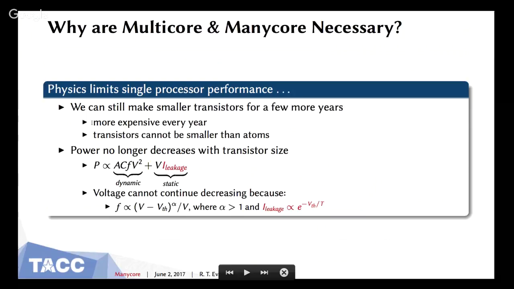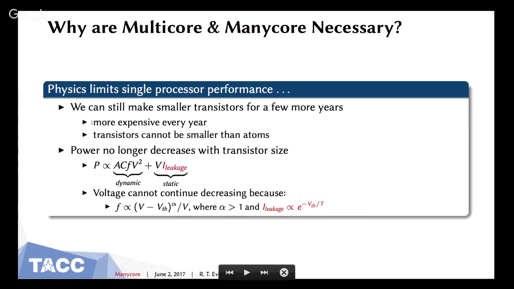So this is one of the reasons why, rather than trying to lower voltage and make things faster, we're making more cores. You can almost think of it like the transistors are getting so small that now there are quantum effects occurring where electrons are going from one side of the transistor to the other, even though they're not supposed to be.